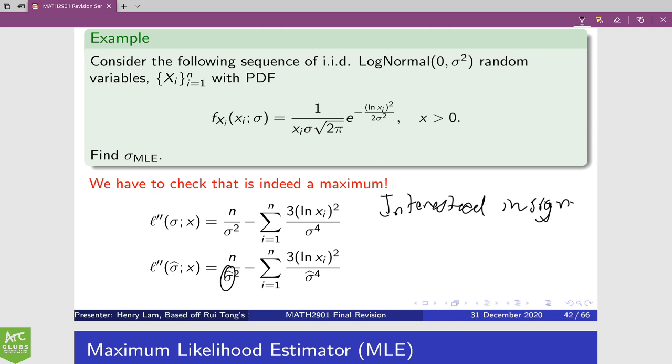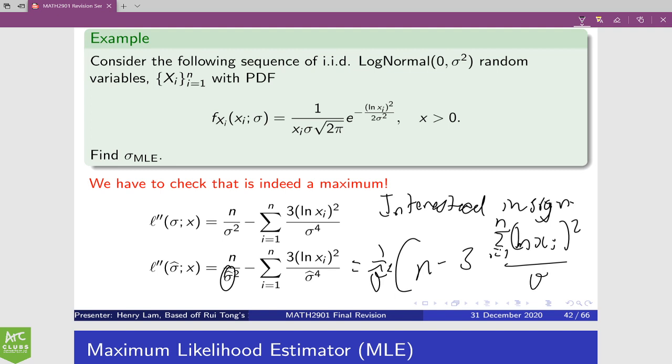So that's the sigma squared thing here. So this would be 1 over sigma hat squared times n minus 3 times the summation from 1 to n of ln xi squared over sigma hat squared. All I did was factorize out this thing, because that's always positive, so it's not going to influence my answer.